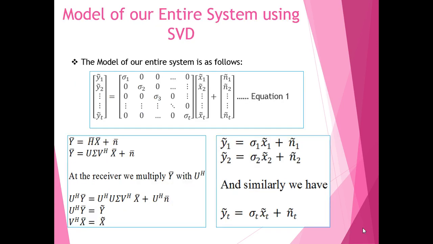After the singular value decomposition, we have the model of our entire system that is shown in equation 1. Here, y1 tilde, y2 tilde up to yt tilde are the received symbols at the receiving end. x1 tilde, x2 tilde up to xt tilde are the transmitting symbols at the transmitting end. We find that y1 tilde depends on x1 tilde and n1 tilde. y2 tilde depends on x2 tilde and n2 tilde, and this goes on up to the tth term.